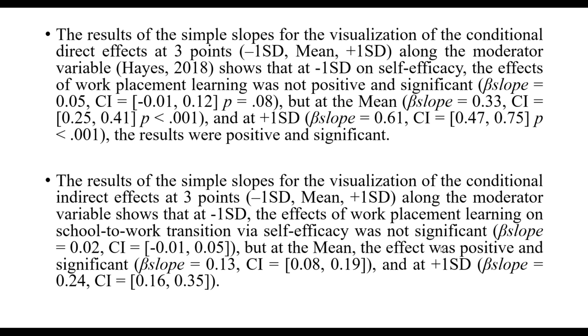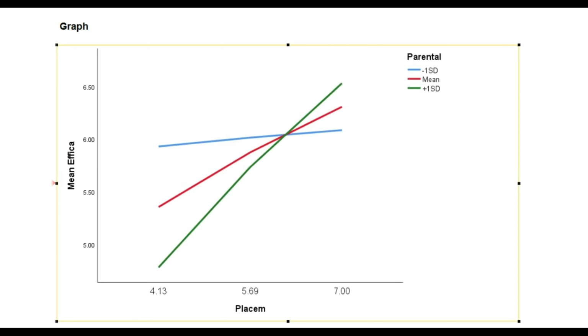But at the average and at high, you can see that the slopes are higher, which is 0.13 and 0.24, the regression beta weights. So this tells us that as parental support increases for students undertaking work placement learning, the higher they are able to increase their efforts towards school to work transition via high level of self-efficacy.